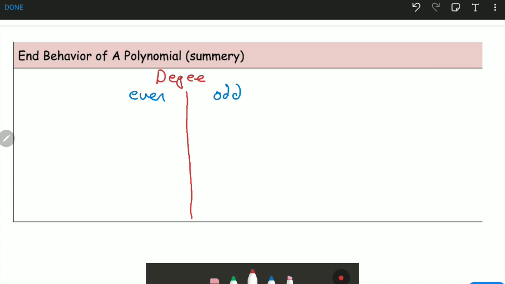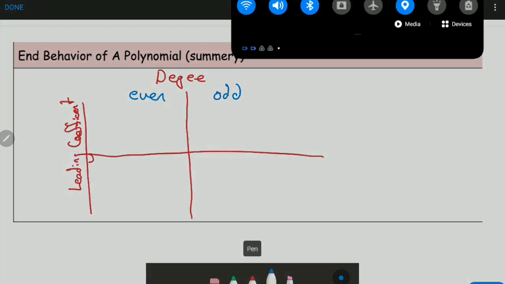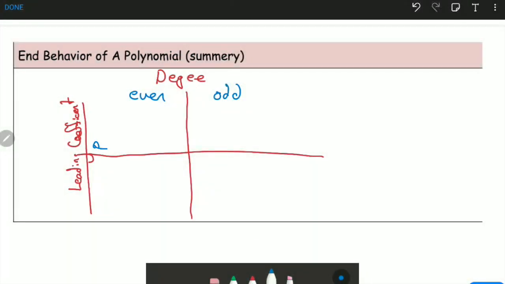And then the leading coefficient is the other determining factor. But the leading coefficient, you want to look at whether it's positive or negative. Okay, and just for the 4 possibilities that are going to happen, 1, 2, 3, and 4.